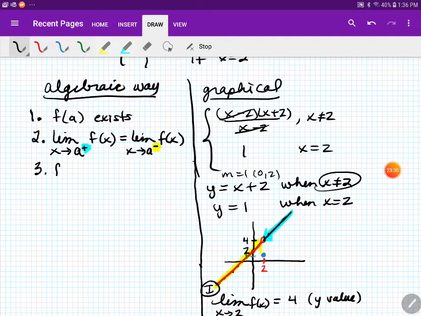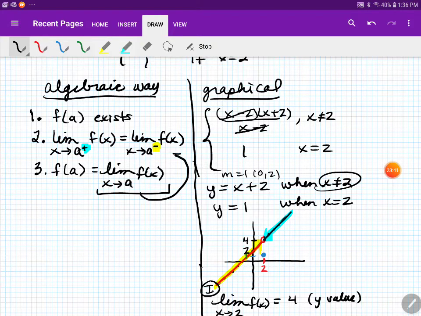And then the last one is that f of a has to equal the limit as x approaches a of f of x. And this limit right here is basically the answer that you get in step 2 if those limits are equal. So these 3 are for continuity. Step 2 only is the limit.